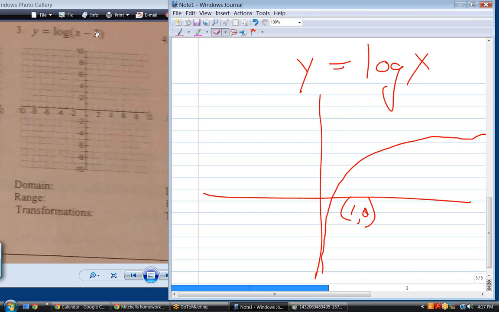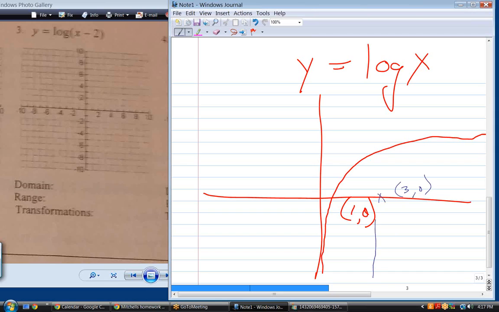What is the transformation here? Is it right 2? Very good. So, in other words, it's going to go through that point right there, (3, 0).